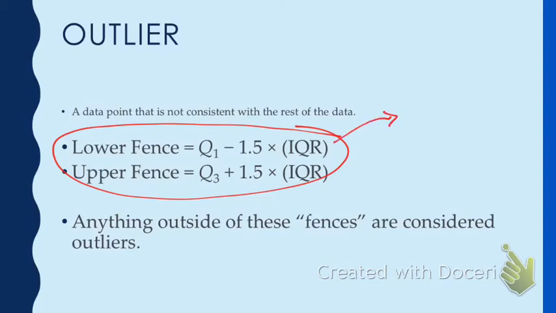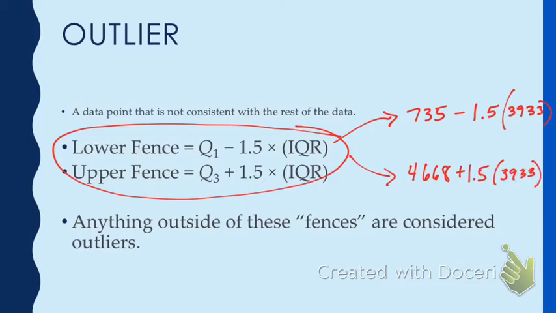What was my Q1? 735 minus 1.5, and then my IQR was what? 3,033. And then for my upper fence, I'm going to take my Q3, which was 668 plus 1.5 times 3933.